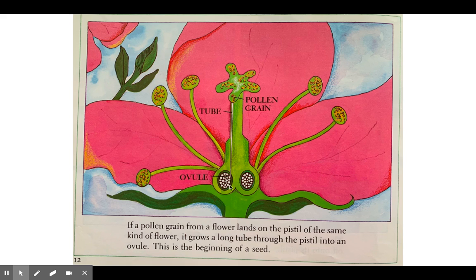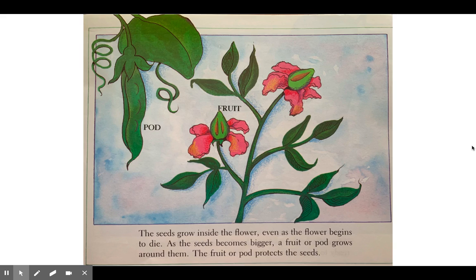This is the beginning of a seed. So here we see the pollen grain that maybe a hummingbird or bee dropped off onto this flower. It makes a tube that connects all the way down to the eggs here. Remember, those are eggs? That's how a seed starts.